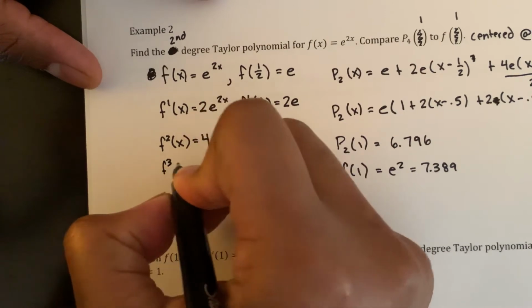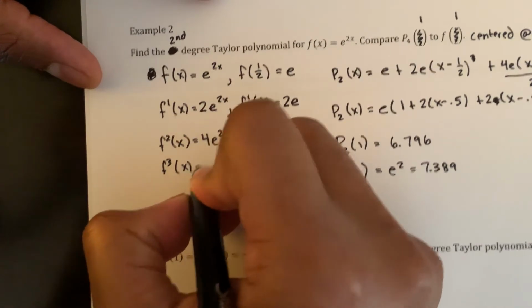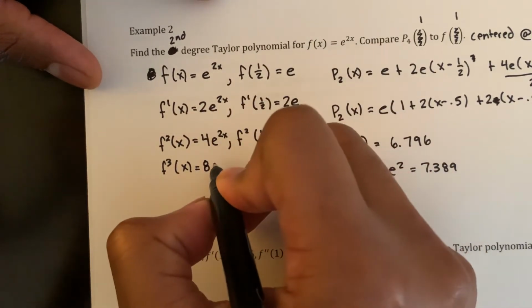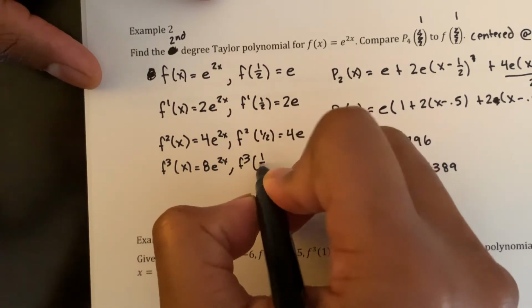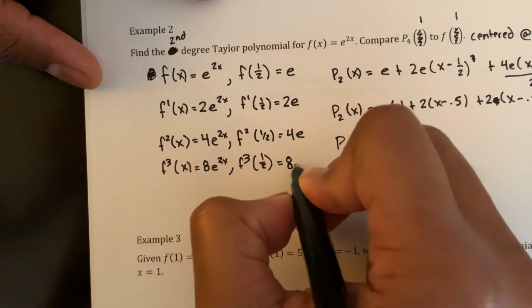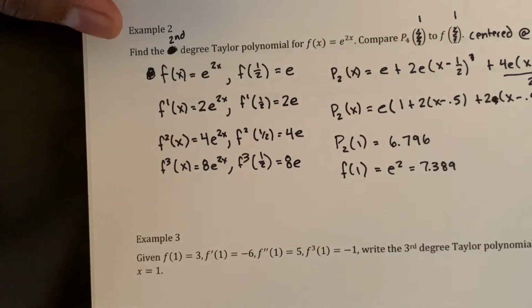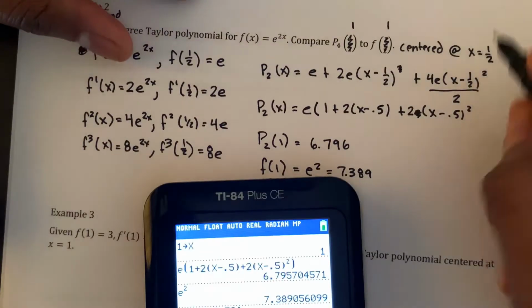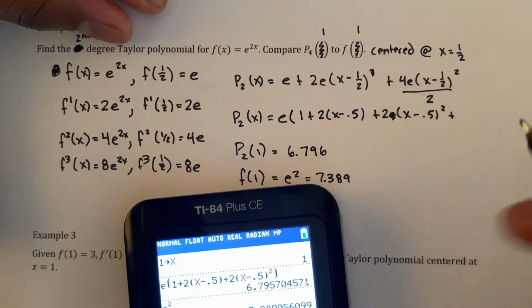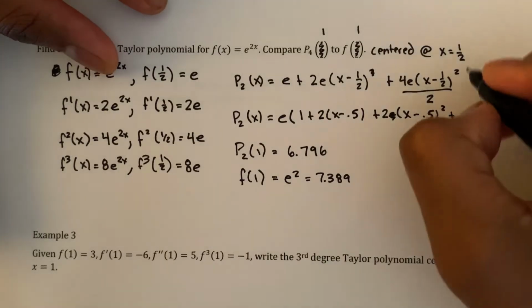So the third degree means that we need a third derivative. So we're going to have 8e to the 2x. And so then the third derivative at a half is going to be 8e. And so then if we add on one more term, so we'll do this up here.